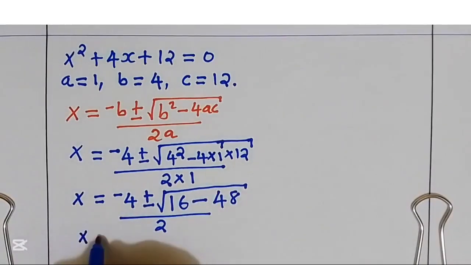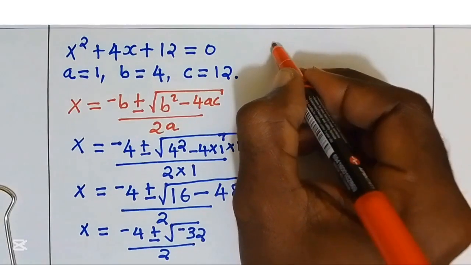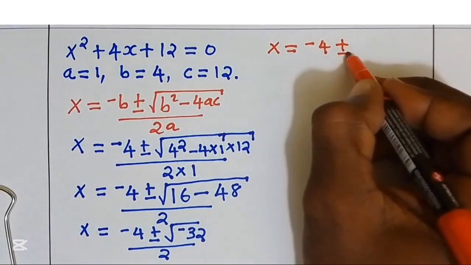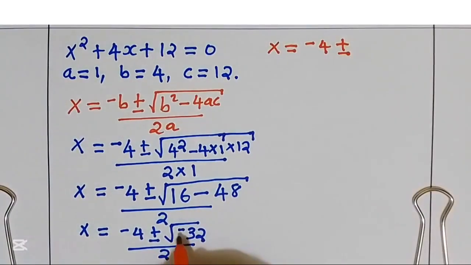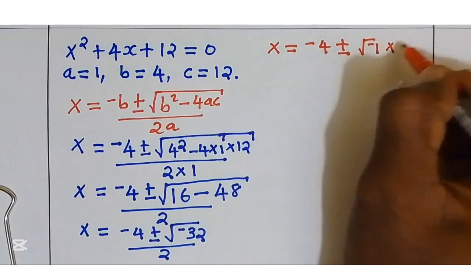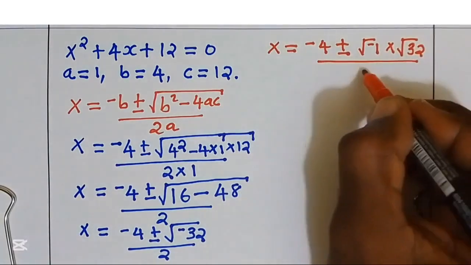x is equal to minus 4 plus or minus the square root of 16 minus 48, we get minus 32, over 2. This is the same as the square root of minus 1 multiplied by the square root of 32, over 2.